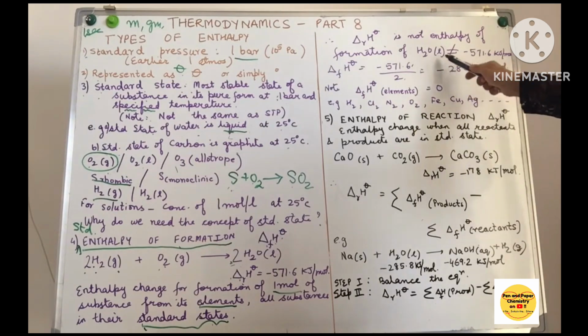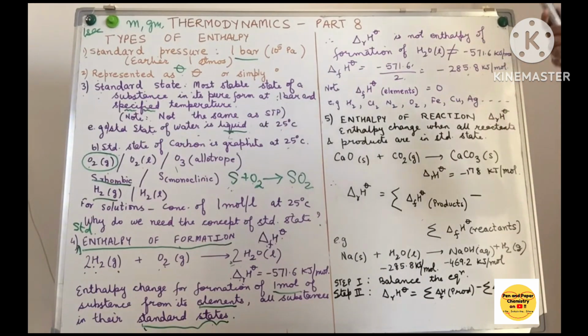The negative sign here tells us a very important thing, that this is an exothermic reaction, a reaction in which heat is given out. In general, it's not a specific rule. In general, you will notice that substances which are formed by loss of energy are found to be more stable. Let's relate to us only.